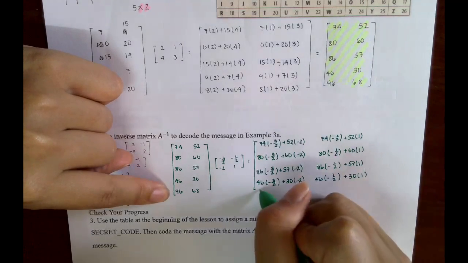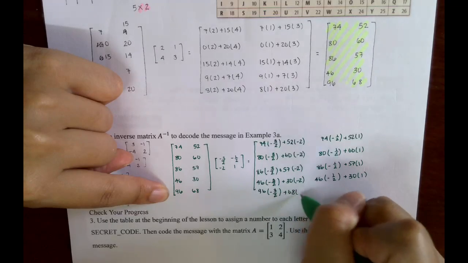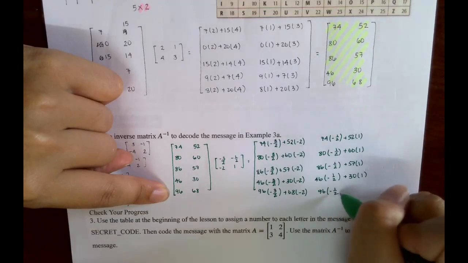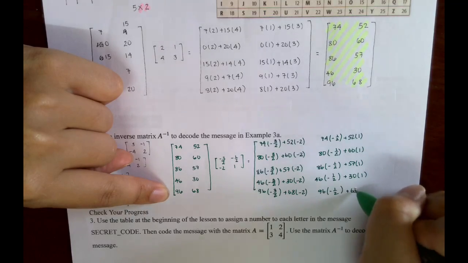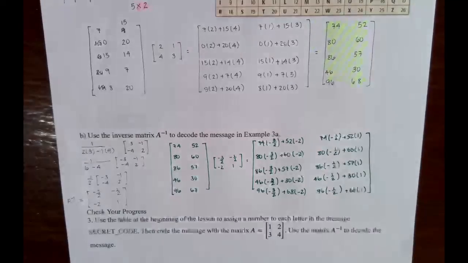And last row, 96 times negative 3 halves plus 68 times negative 2, and 96 times negative 1 half plus 68 times 1. Good. Now I'm going to simplify them.